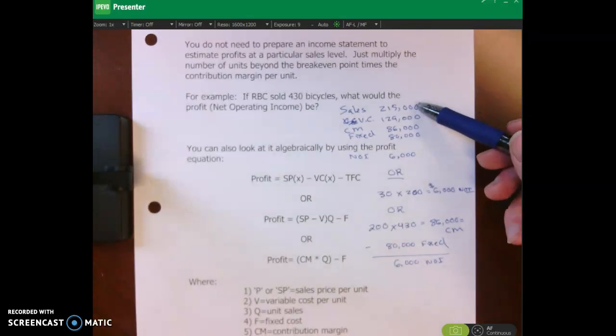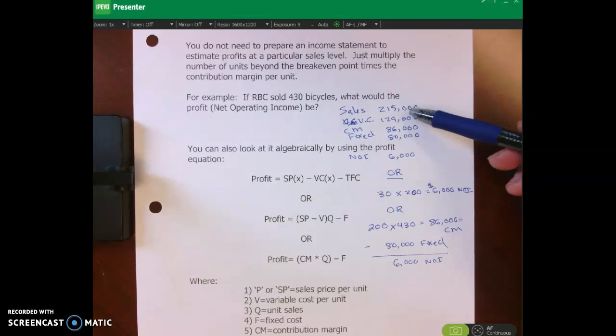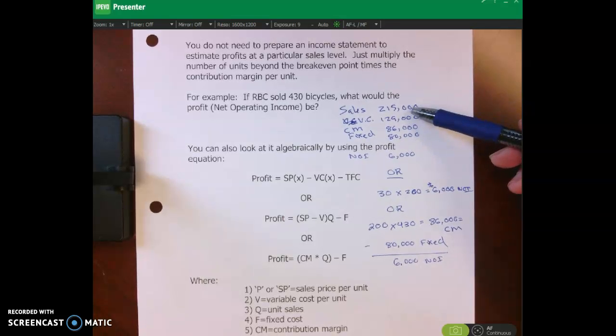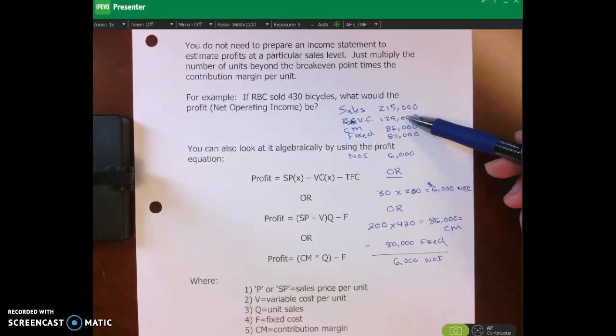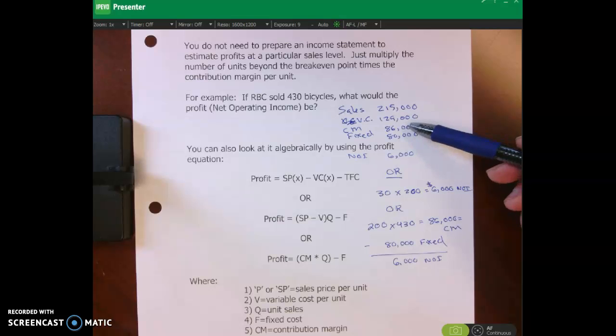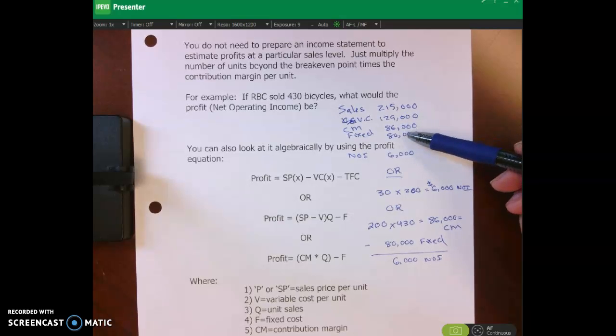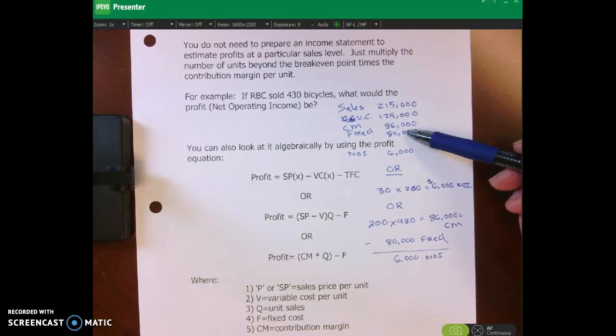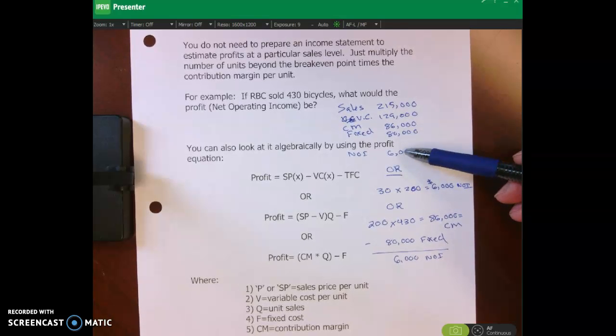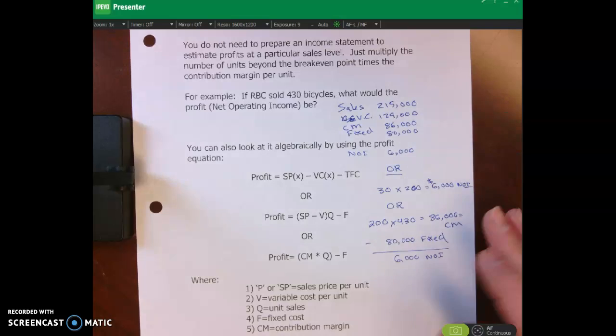So I multiply 430 times the $500 per bike, which is 215,000. My variable expenses stay the same at $300 a unit, times 430 gives me 129,000. I subtract and get a contribution margin of 86,000. My fixed costs still stay at 80,000. Then I subtract and get 6,000.